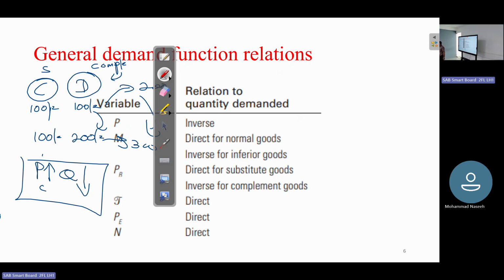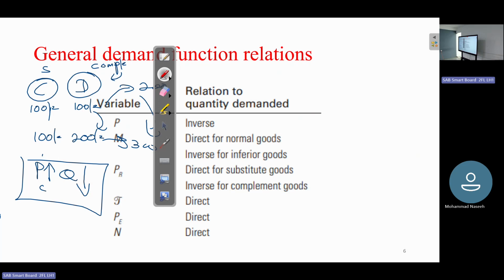When the price of the complementary product increases, demand for the selected product decreases, because the consumer needs to spend more money.